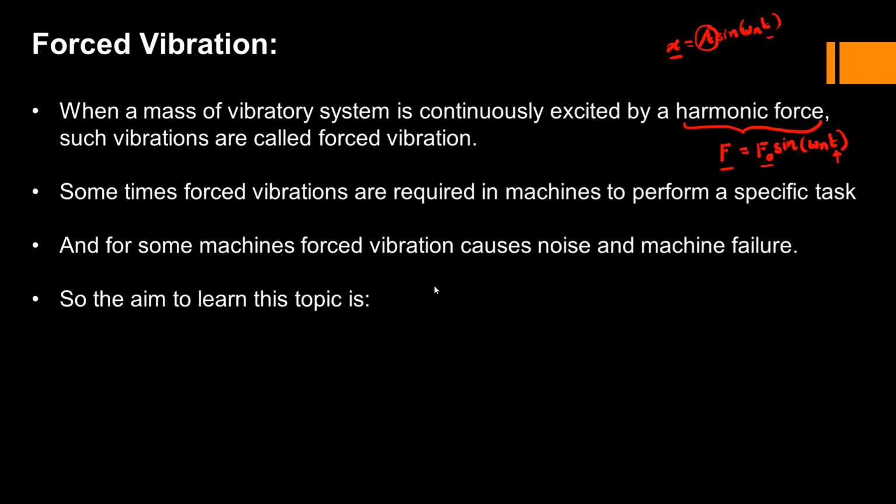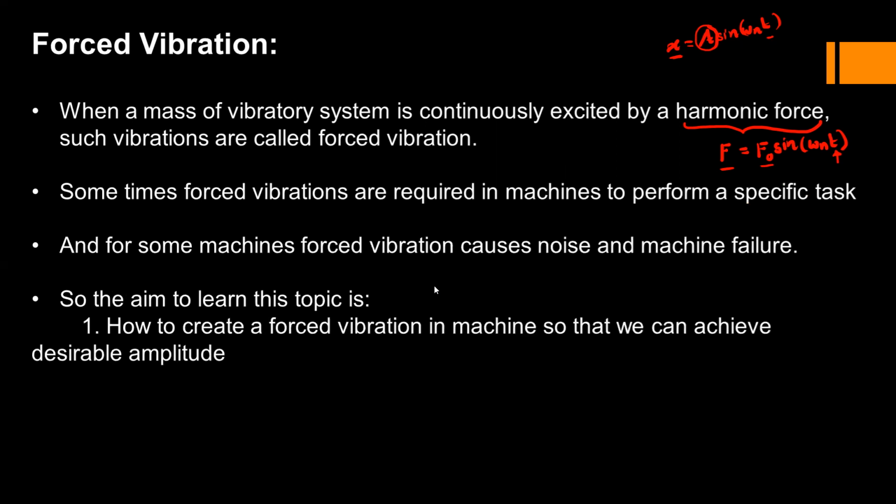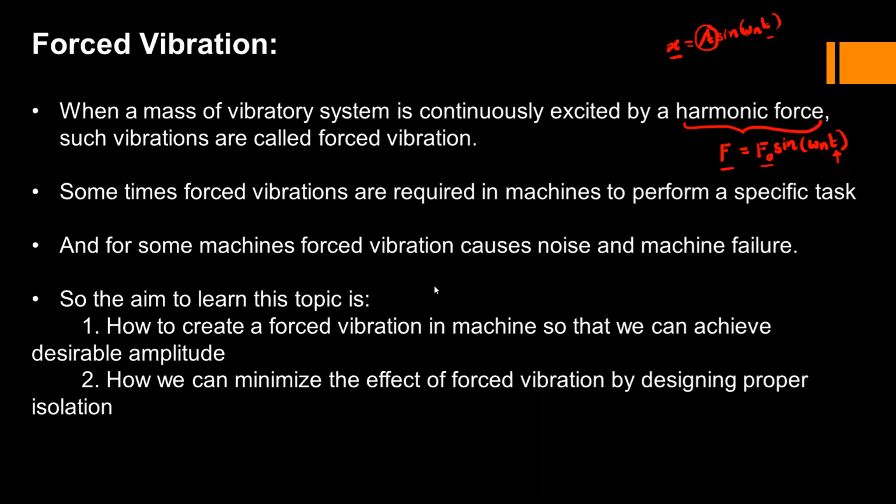So the aim of learning this topic is, first, how we can create a forced vibration in the machine so that we can achieve the desirable amplitude and force. And second, how we can minimize the effect of forced vibration by designing proper isolation.